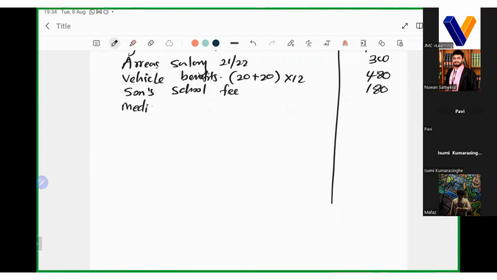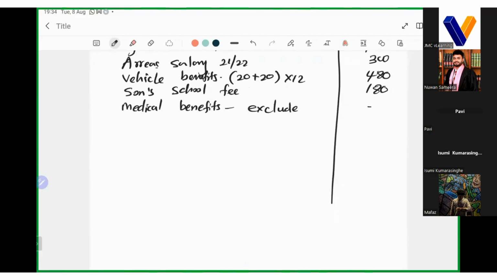Clear or not clear? If the examiner had given that there is no equal or common scheme for the medical bill, then that should be included. But in this case, we have to exclude that item.